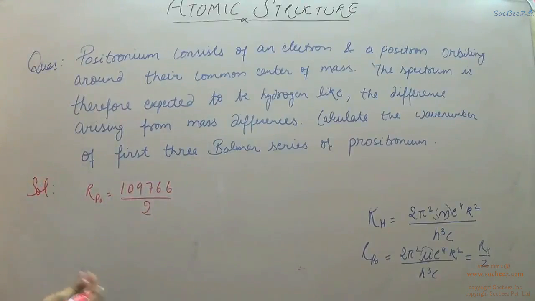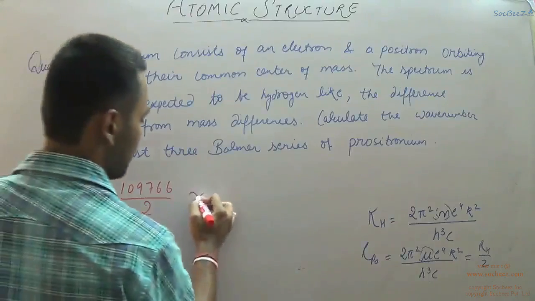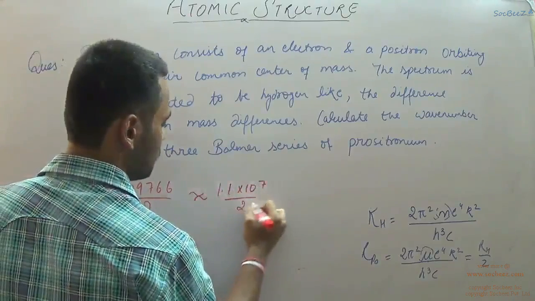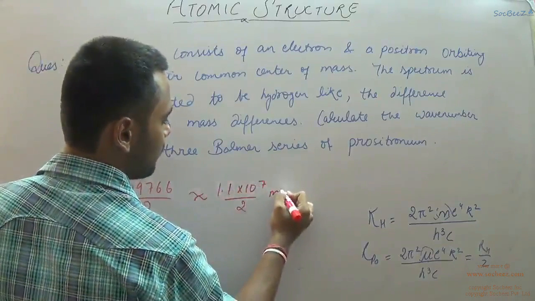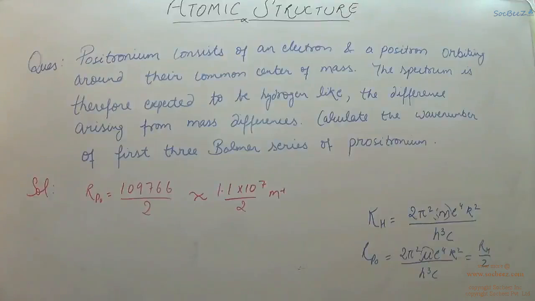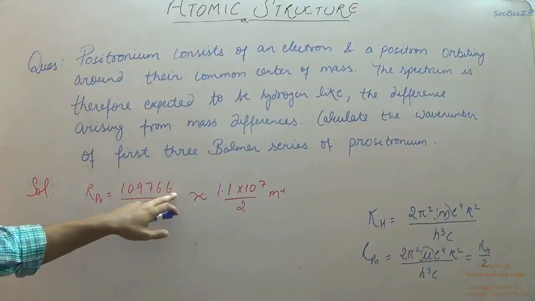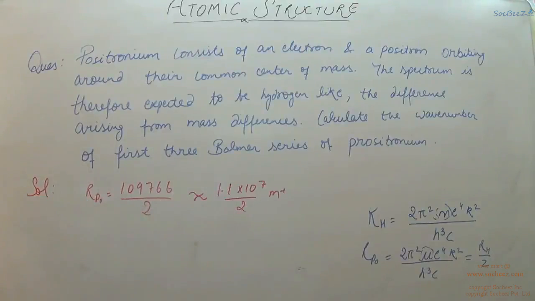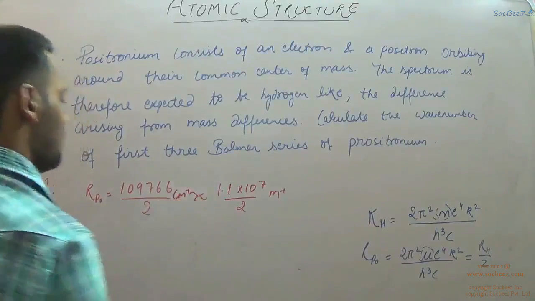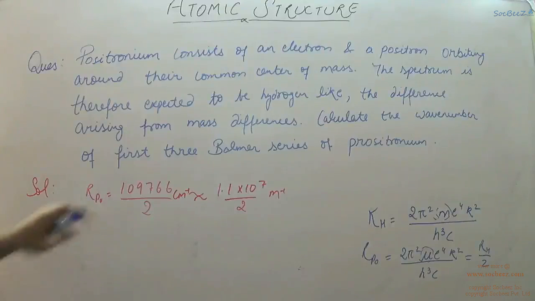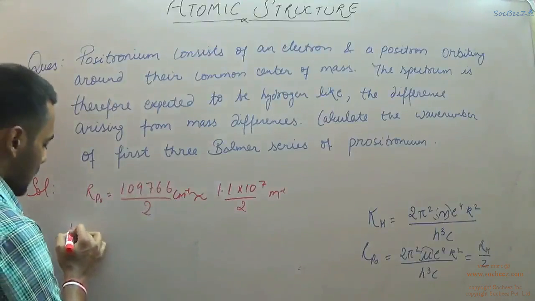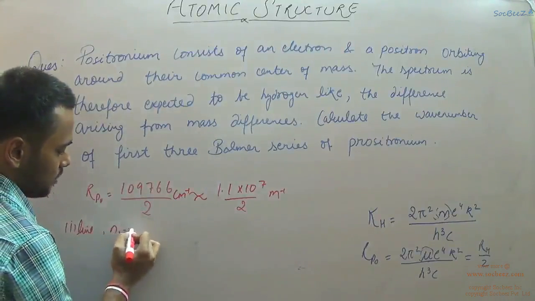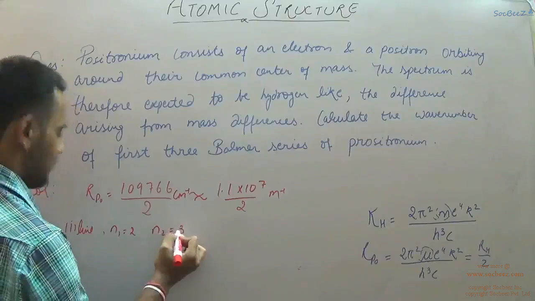You can write it as 1.1 into 10 raised to the power 7 upon 2 per meter. This was in centimeter inverse, and this is in per meter. Now in case of the Balmer series, the first line is n1 equals 2, n2 equals 3.